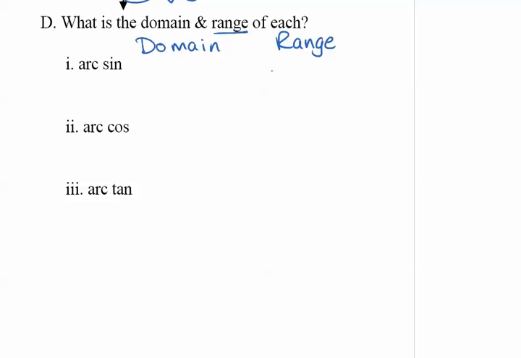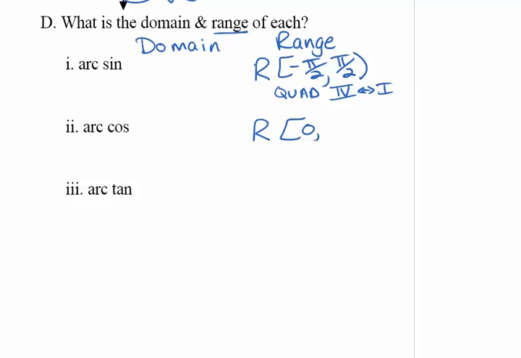So for our range for sine, we went from -pi over 2 to +pi over 2. In other words, I like to think of this as quadrants 4 through 1. And for arc cosine, we restricted it to 0 to pi. That's the top semicircle. Let me make these closed endpoints. So I like to think of this as quadrants 1 and 2 from the unit circle.